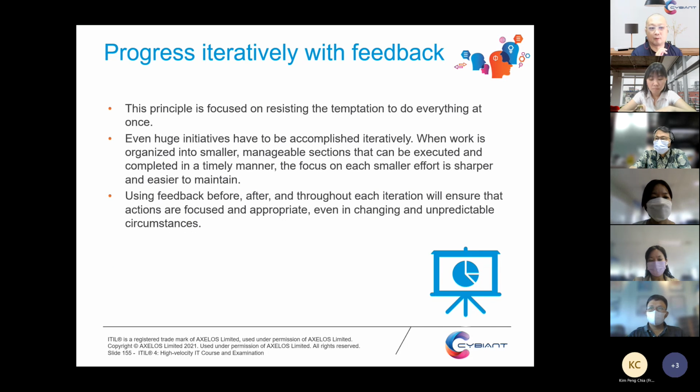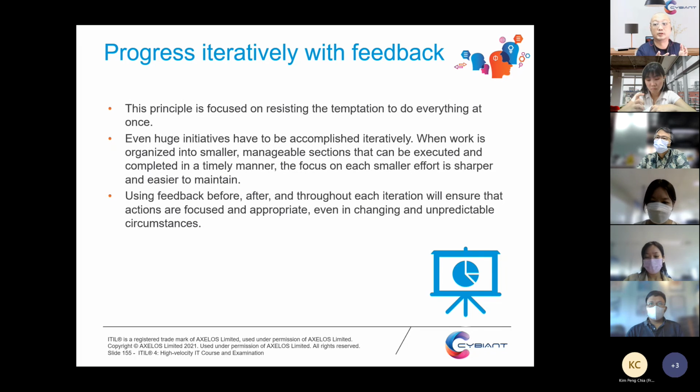Okay, progress iteratively with feedback. Why do we need feedback? It's because to improve, we need to validate that what we have done is correct. So if we do these steps for improvement, in the first iteration we check: is this fixing the problem?